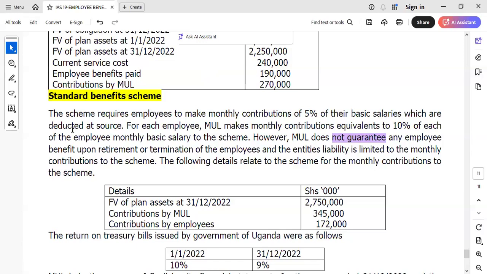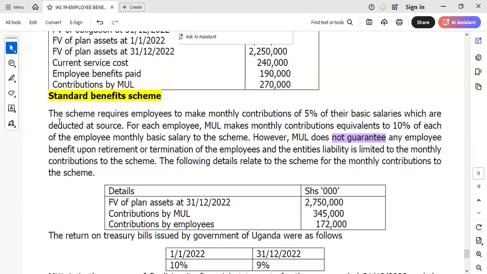It's like NSSF. You the employee, your boss, your company may just contribute, but they have no obligation. They cannot guarantee you that what they are contributing to NSSF you will get. There is no obligation with that. That scheme is run by the external NSSF fund. Okay.